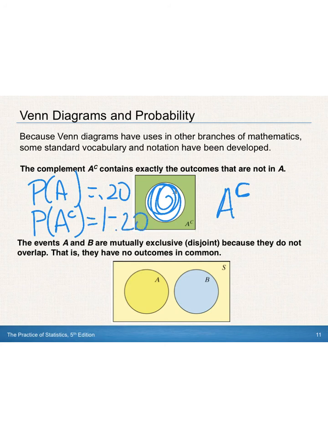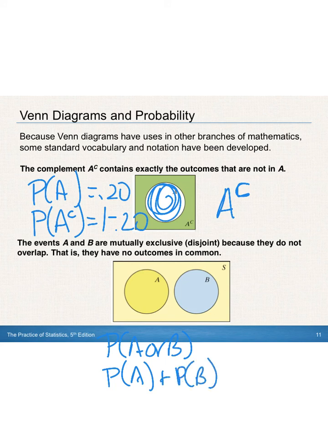And if two things are completely mutually exclusive, then we know some things. We know that the probability of A or B is just the sum of the probability of A and the probability of B. And we know that putting them all together, they're the 100%.